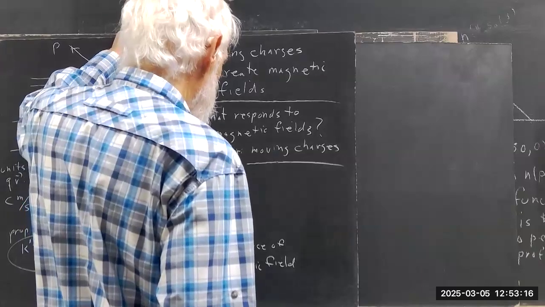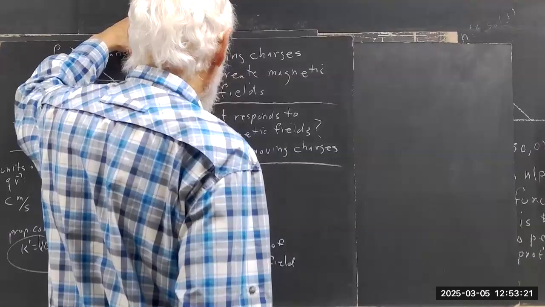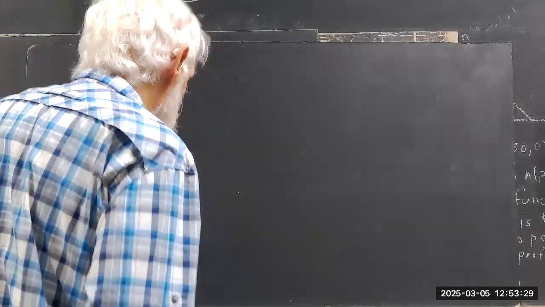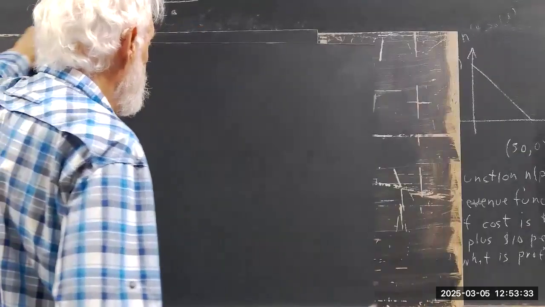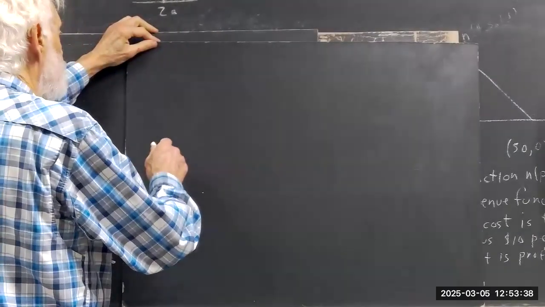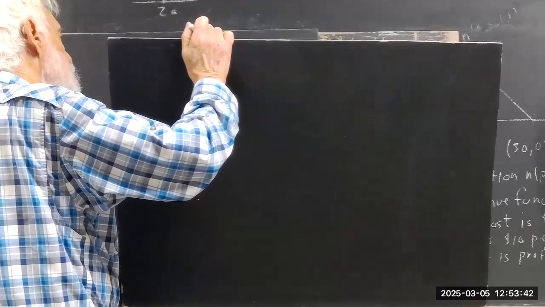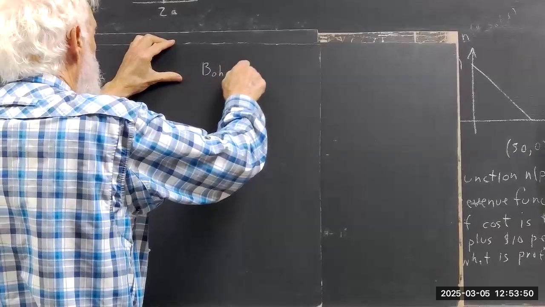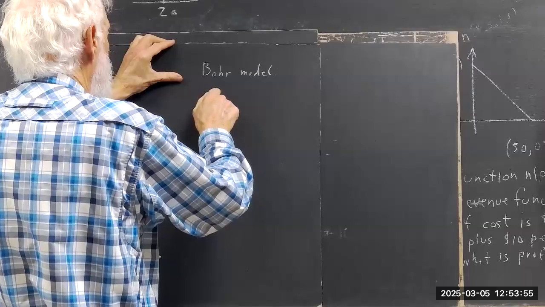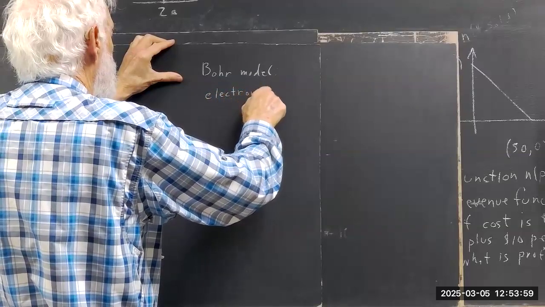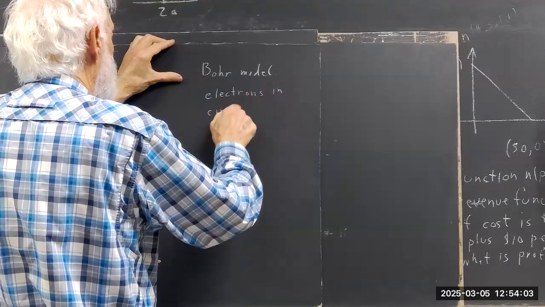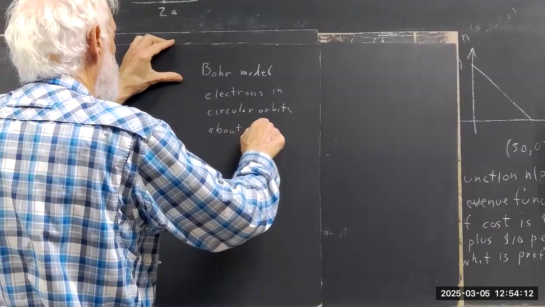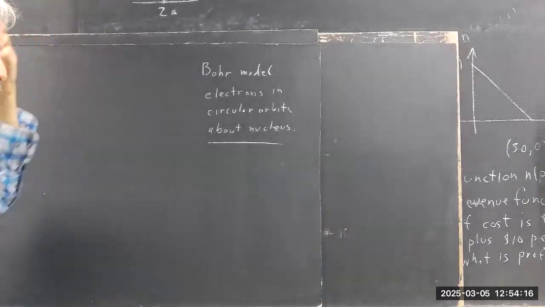Now I want to consider if you did have an electron moving around a proton, electrons in circular orbits about a nucleus.